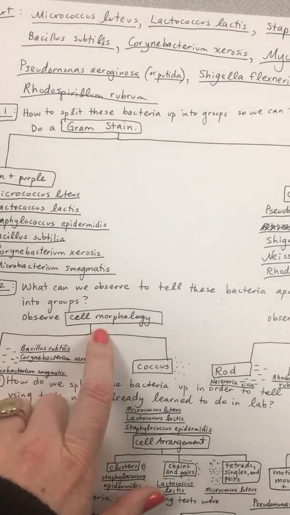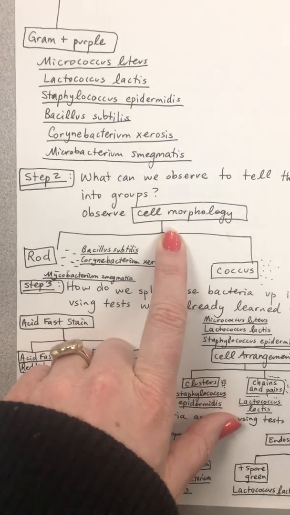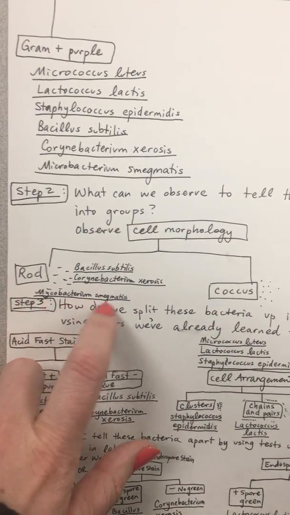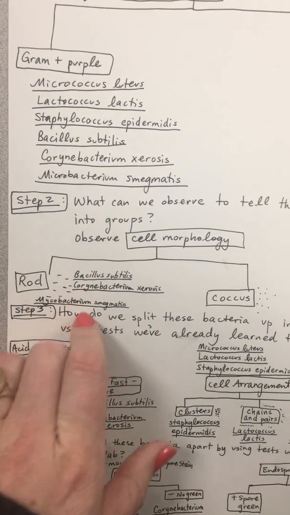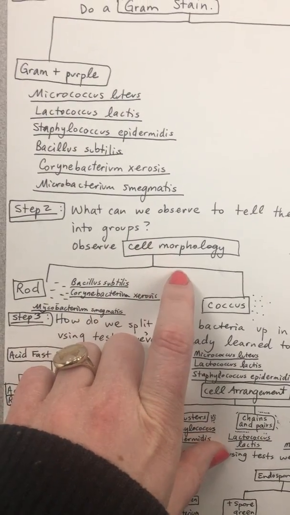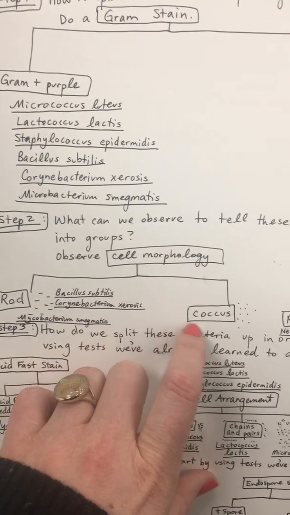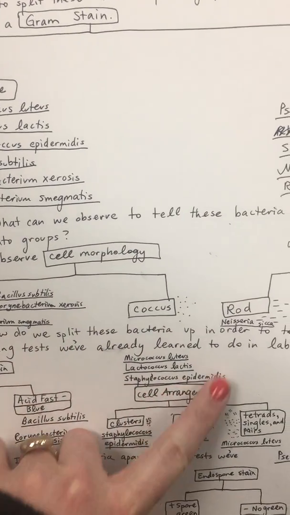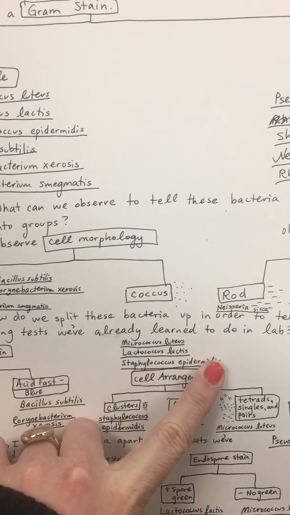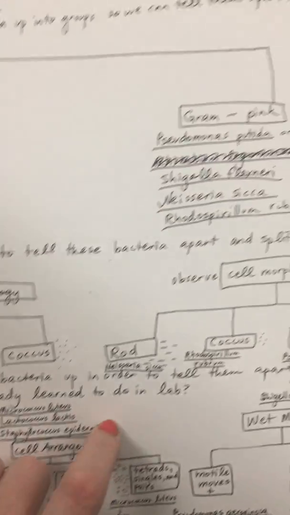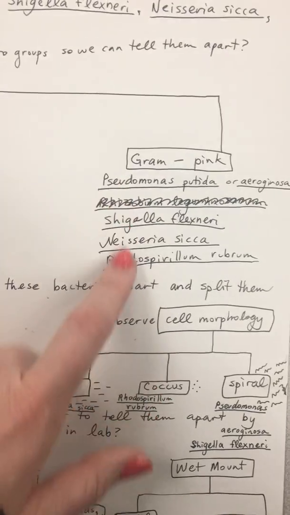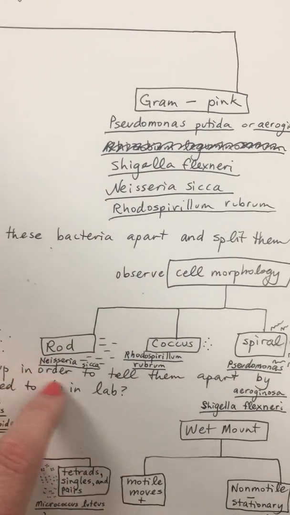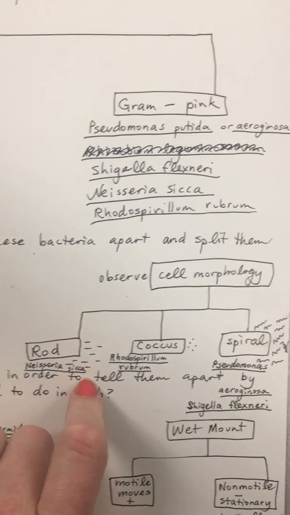Let's observe cell morphology. If you have a gram-positive purple bacteria and it's rod-shaped, it's probably one of these 3 species. If you have a gram-positive purple coccus bacteria that's circular, it's probably one of these 3 species listed here. If you have a gram-negative pink stain bacteria that's a rod, you're going to have a very easy day with this one species.